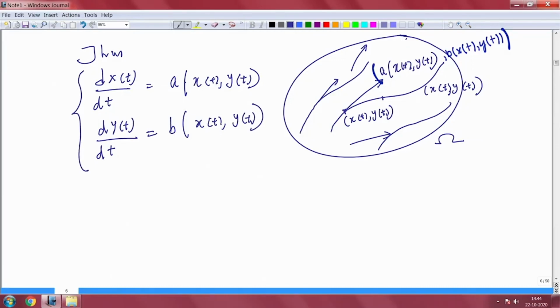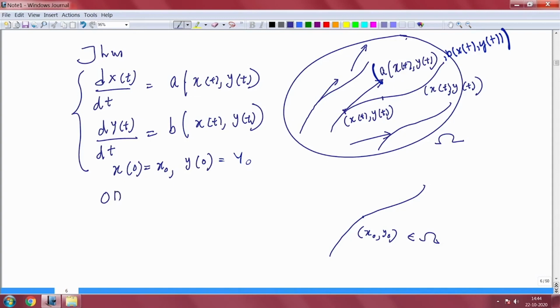So, once you know that, if you fix a point in the same domain, I am giving a different picture. Fix a point (x0,y0) in omega and look for a curve which satisfies x at 0 is equal to x0, y at 0 equal to y0, and your ODE.